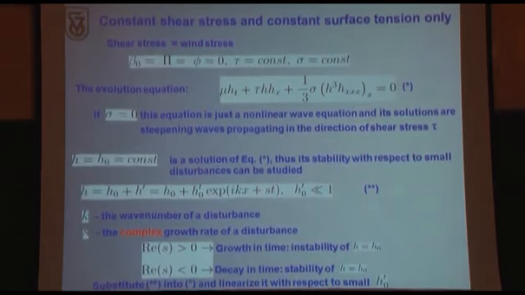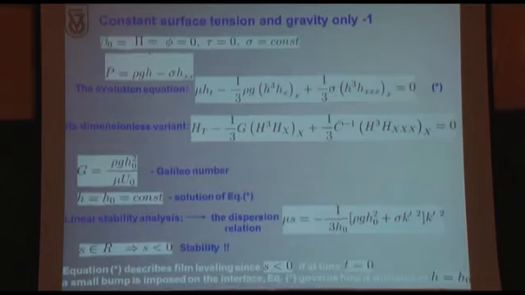Let's substitute it into that equation, and we find the dispersion relation, which is the relation between the growth rate and the wave number of the disturbance. This time it looks like this. By the way, how about its nature? Is it complex, or is it always real?